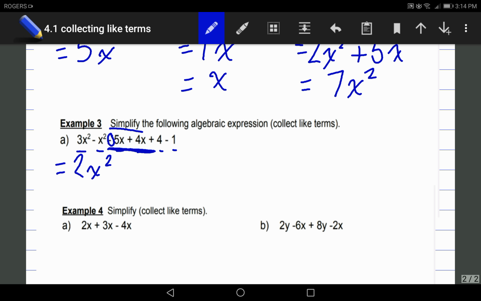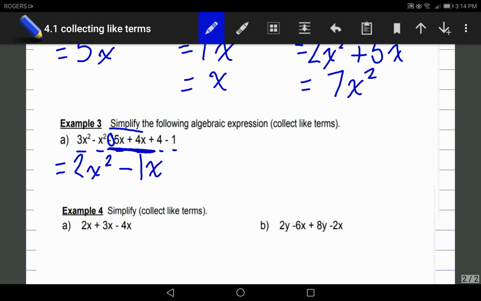So in this case, I'm calculating negative 5x plus 4x, or minus 5x plus 4x. They mean the same thing. If you grabbed your calculator and did negative 5 plus 4, you should get negative 1. So we have minus or negative, same thing. So minus 1x.